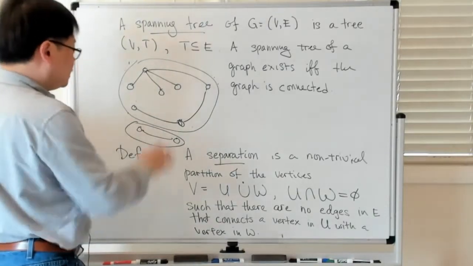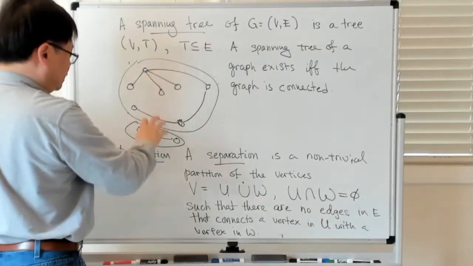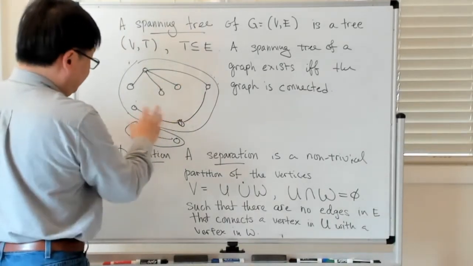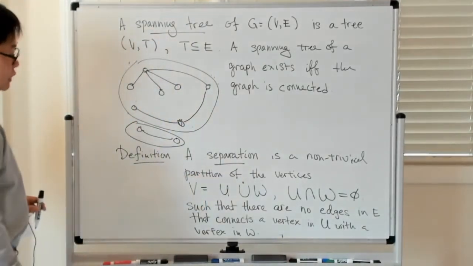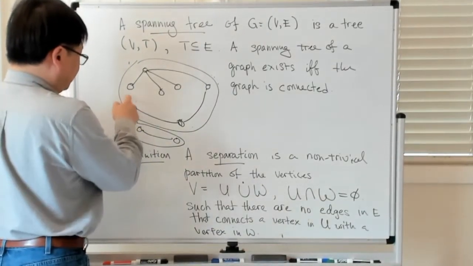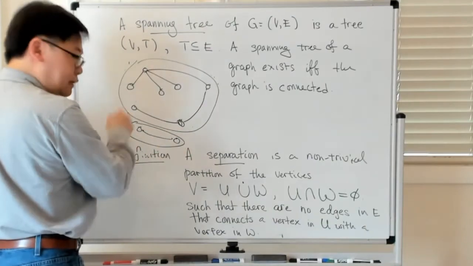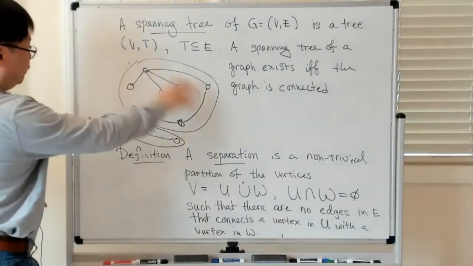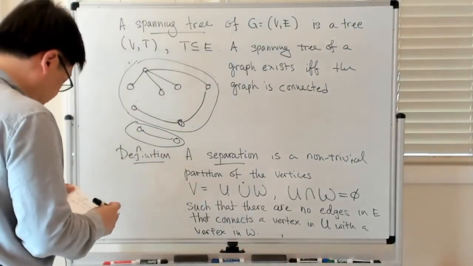You can convince yourself that on the one hand, these vertex subsets are disjoint from each other, but together they give you the original vertex set, with the property that there's no edge which connects vertices in one set with vertices in the other set. All right, so this would be a separation of that graph, for example.